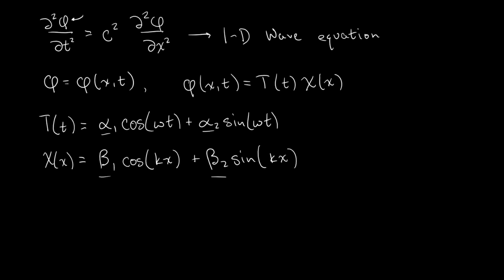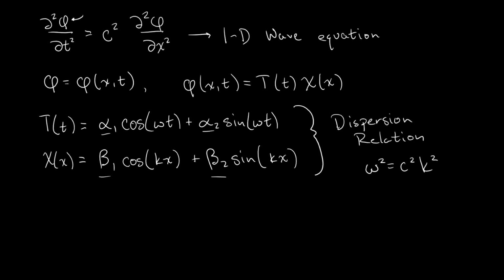But this isn't the end of the story. We also needed to require a certain condition on omega and k in order for the wave equation to be satisfied. And that's what we call omega squared, is equal to the speed of sound squared times this k squared. Okay, so that's sort of the recap.